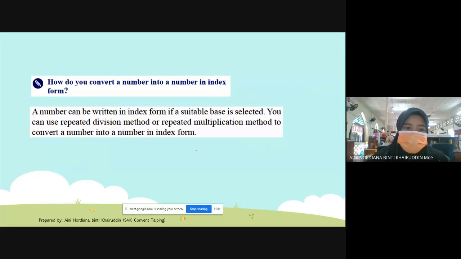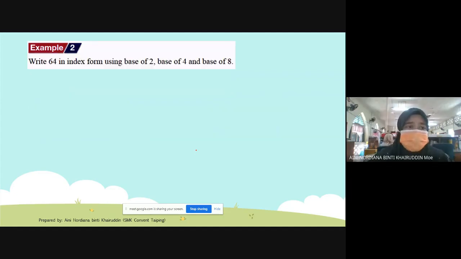You can use the repeated division method or the repeated multiplication method to convert a number into index form. Let me show you an example. Write 64 in index form using base 2, base 4, and base 8.